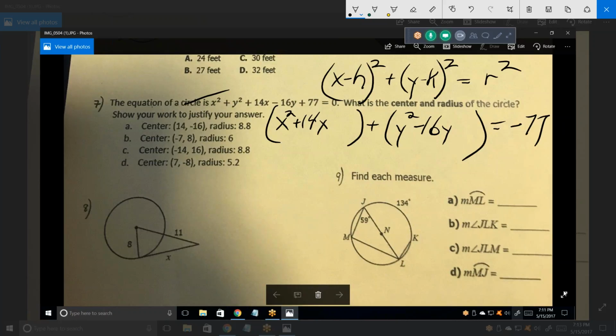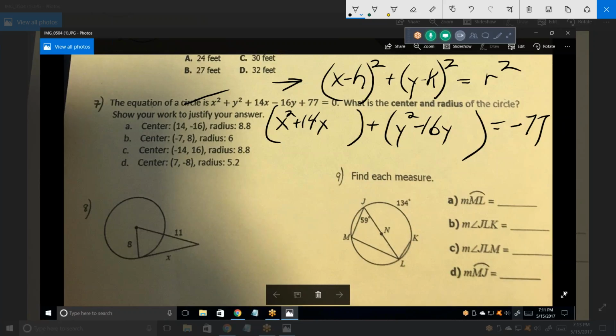So all I have to do is get it in this format. I'm going to do that by completing the square. So complete the square on the left side, in the x part. How do you complete the square? Take half of the coefficient of the x and square it.